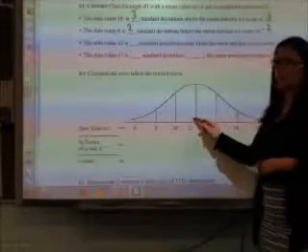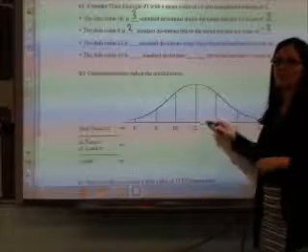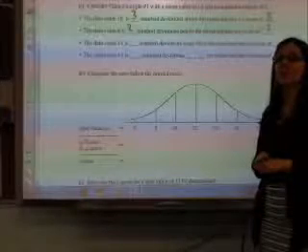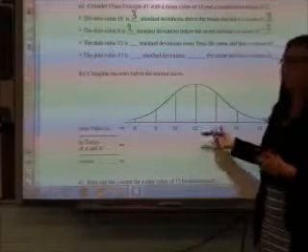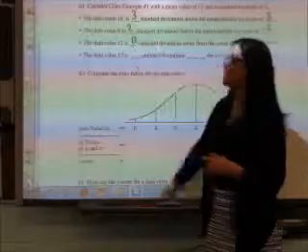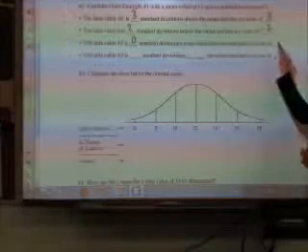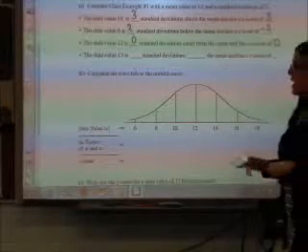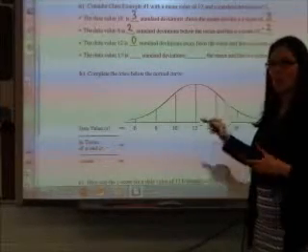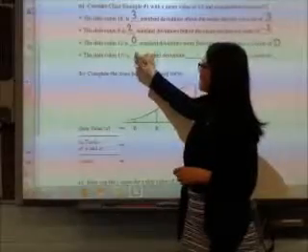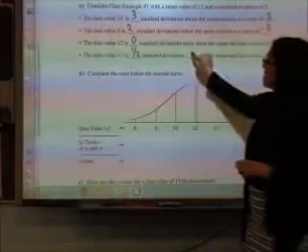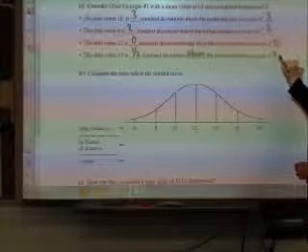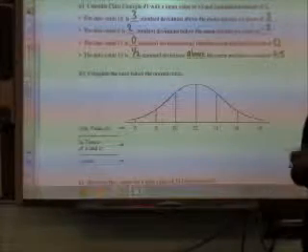How many standard deviations is 12 away from the mean? Pardon? 0, because it is the mean. So it is no standard deviations away from the mean, so its z-score would be 0. And then 13, as we talked about before, is half a standard deviation above the mean. So the z-score would be 0.5, or 1/2.